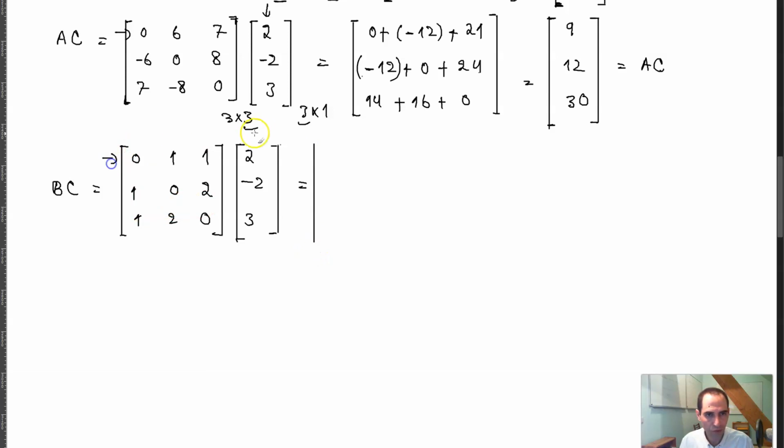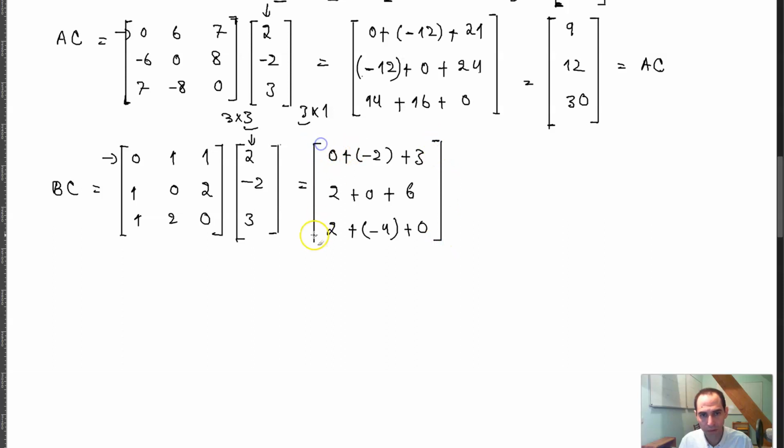I start from this row and this column: 0 plus negative 2 plus 3, and then 2, 0, and positive 6. And then this row is 1 times 2 is equal to 2, 2 times negative 2 is equal to negative 4, and a 0 here. That is equal to 3 minus 2 is equal to 1, 6 plus 2 is equal to 8, and negative 2. And that is basically B times C.